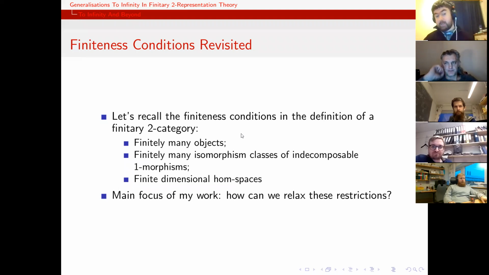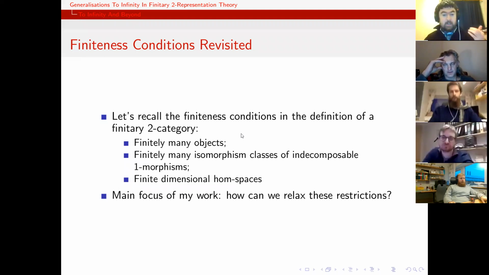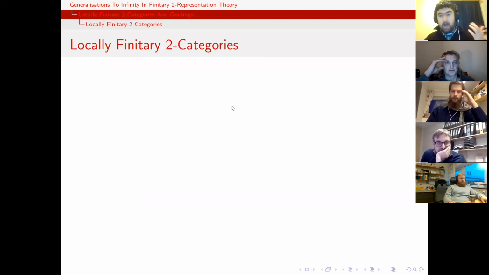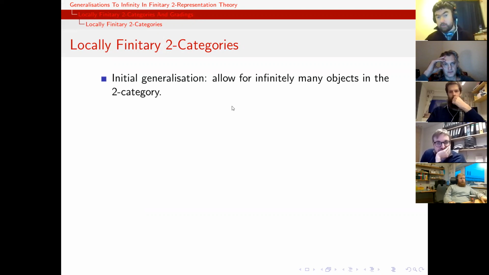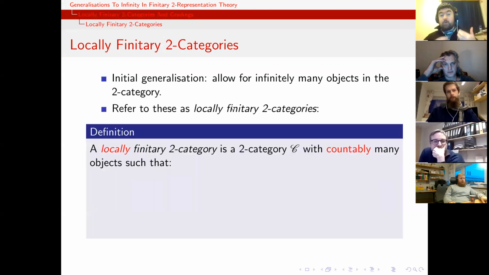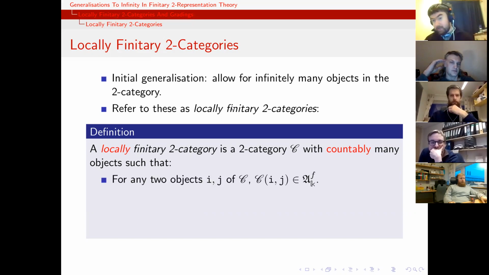So we have these finiteness conditions, and I will start by just looking at the first finiteness condition, so the objects. If we relax this, we get a construction I call locally finitary two categories, where we can potentially have infinitely many objects. So a locally finitary two category is a two category C with countably many objects, such that the rest of the definition looks very similar to the finitary one.